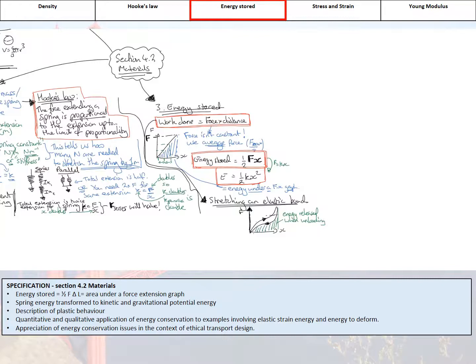and we've got the area under the loading line, which is the blue area I've got there, plus the green area I've got there. So the area under the loading line is equal to the energy used to stretch the elastic band in the first place.